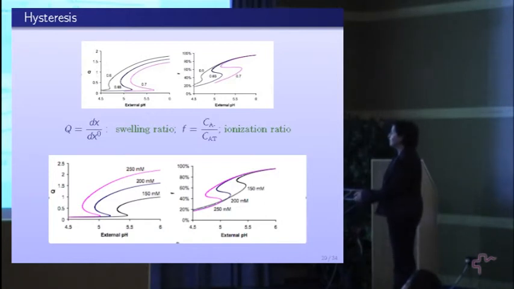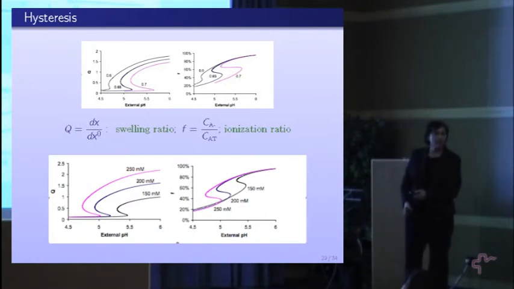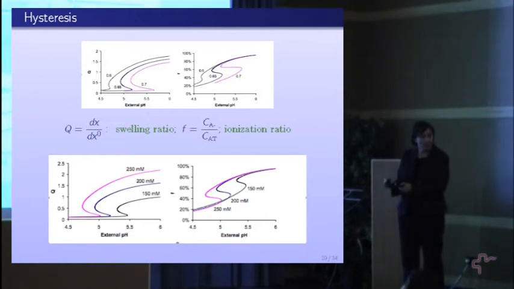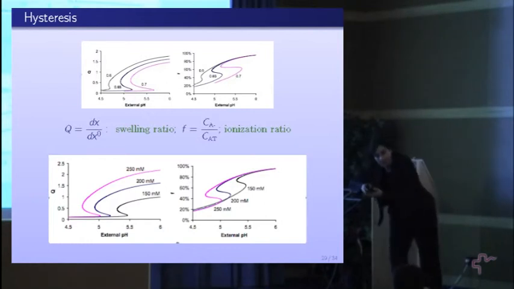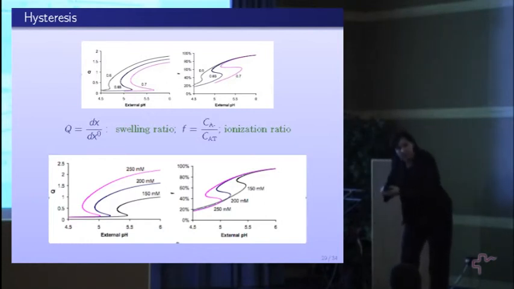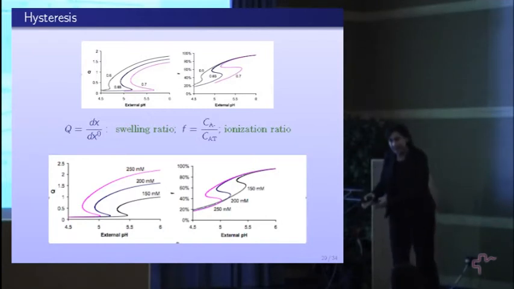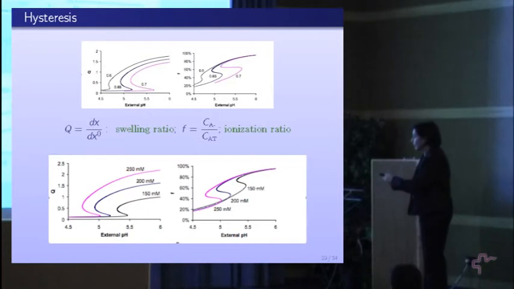So it's collapsing at a smaller pH because the polymer chains need to get very close to each other so that the short range force, this Velcro force, can start acting. And that's why it needs a really small pH in this case.